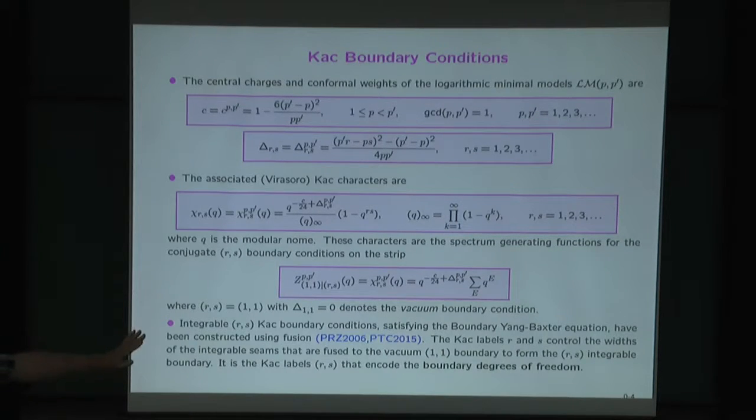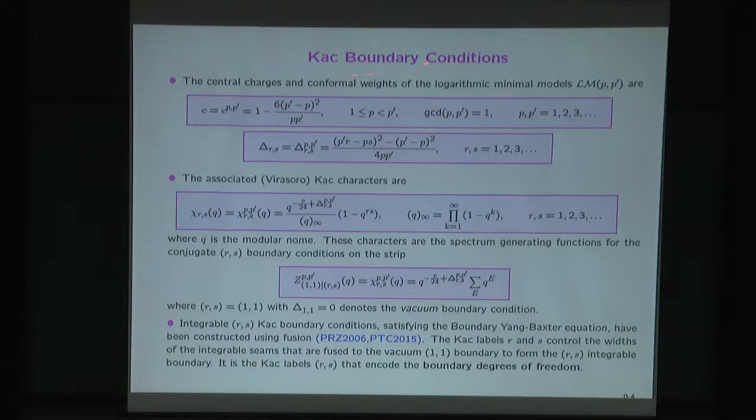There is a systematic construction of the boundary conditions on the lattice using fusion to construct integrable seams that you then fuse to the vacuum boundary to form the (r,s) integrable boundary conditions. This is a systematic construction, and the Kac labels r and s appear naturally as the fusion levels for the seams that you fuse to the boundary.